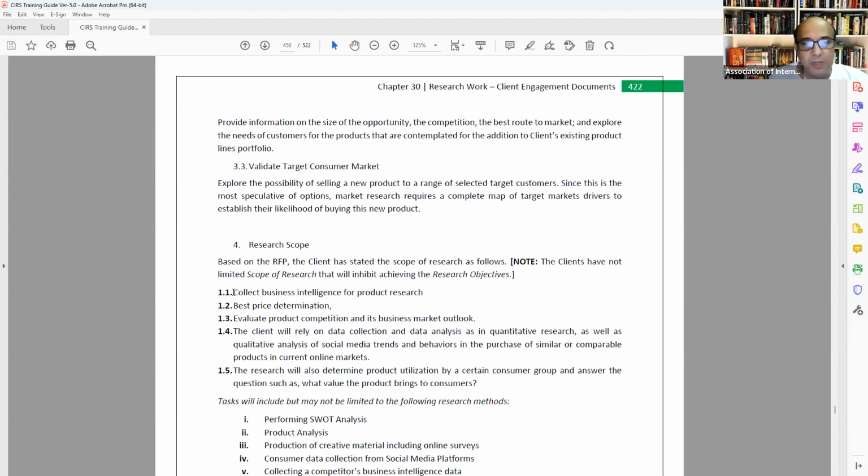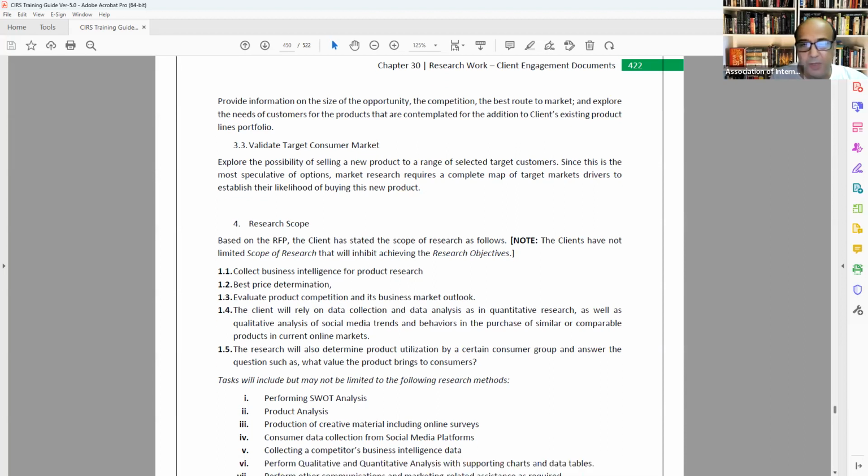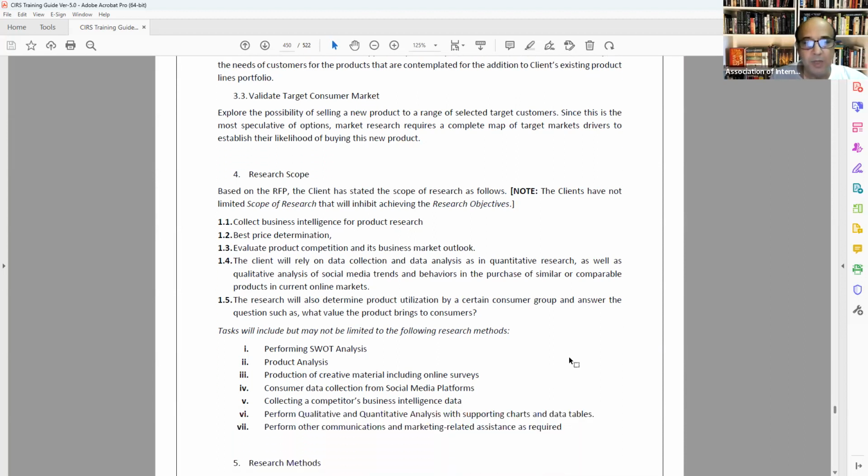Perhaps you would use the same wordings as in the scope. I remember it says collect business intelligence for product research. Best price determination, which is price versus cost analysis, evaluate product competition and its business market outlook. And so it continues until we come to the exact reports the client is requesting, which they have specified in the scope. These include performing SWOT analysis, product analysis, and so on.